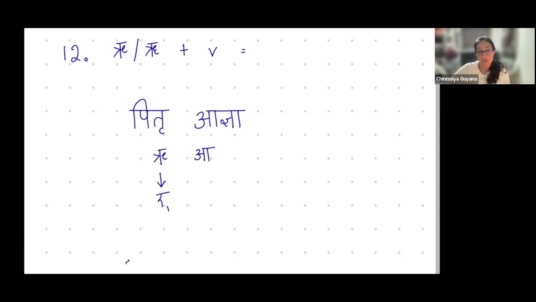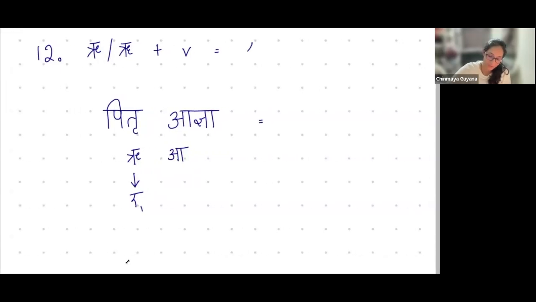R halant gives trouble. So now you have to think where this r is going to end up. So the rule is it becomes ra halant plus a vowel. Okay, please don't ask me what is V. V is vowel. You should figure that out, right?